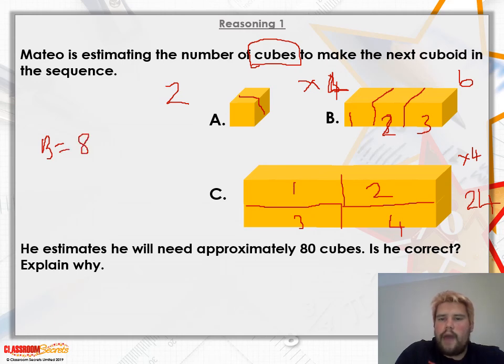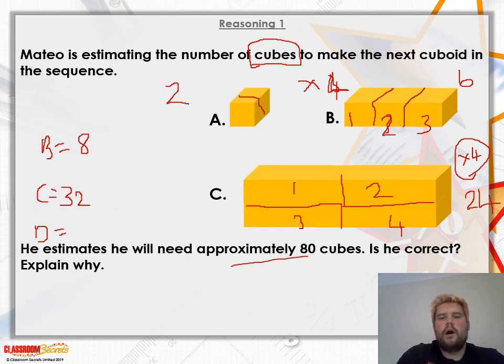And now we need to do 8 times 4, because we're keeping the same scaling. C is 32. And then to get D, the next sequence, we'd need to do 32 times 4. So I'd leave that for you to work out, but you should be able to see that that would be over 80 cubes. So I would say, through my estimations, and it's just my estimations, I would say no, he's not correct. Why is he not correct?